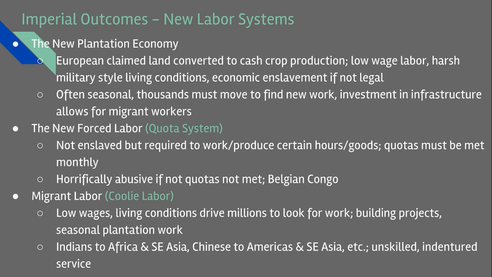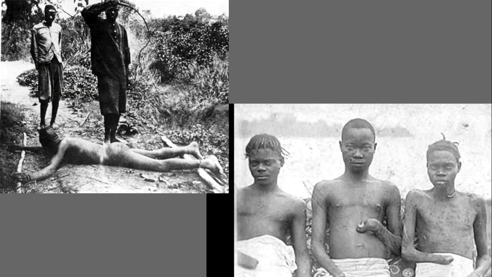A lot of Chinese migrant labor heads south to, like I said, Indonesia and the Spice Islands. A lot of it also heads west to the Americas. The majority of railroads built in the western United States are all built by Chinese coolie labor as well, right?